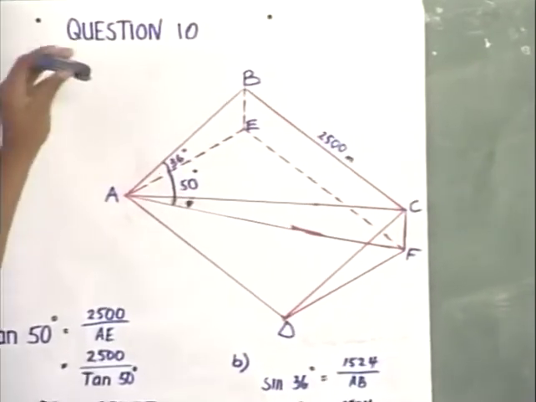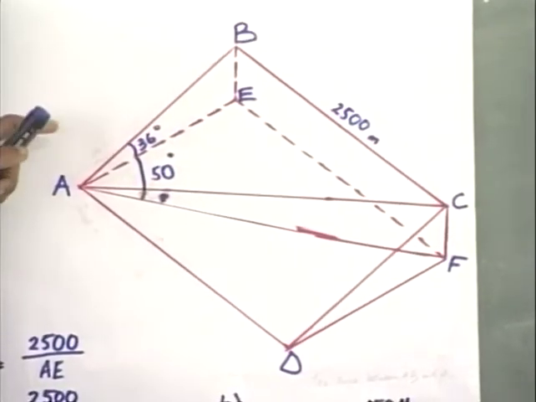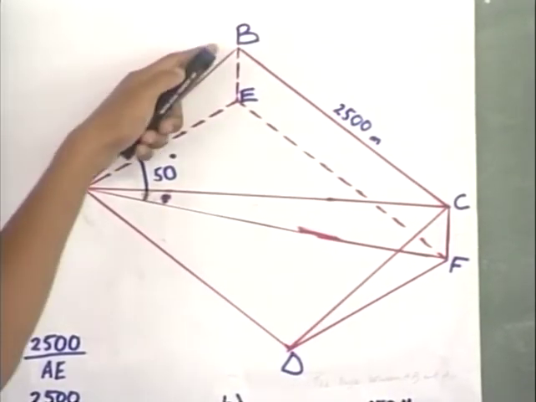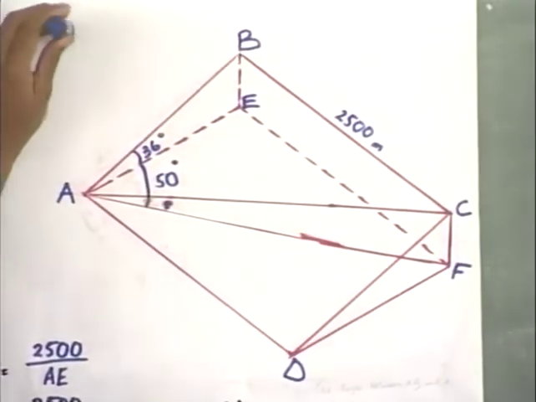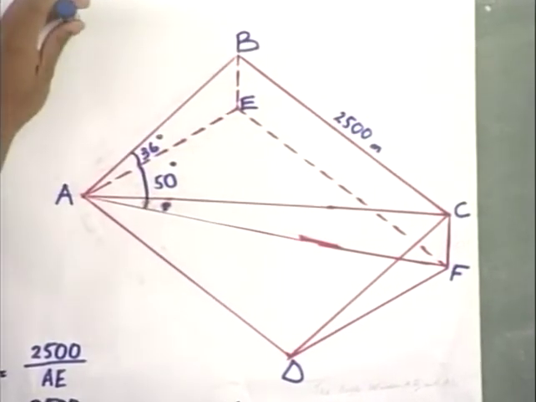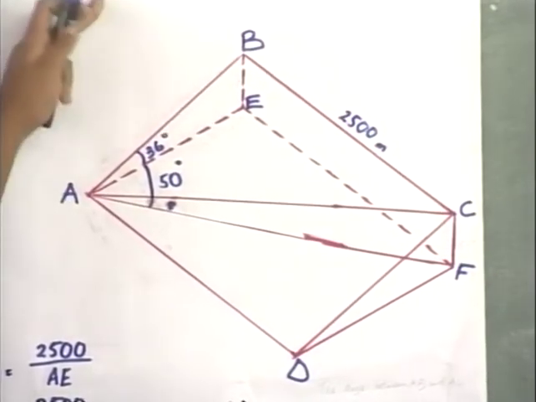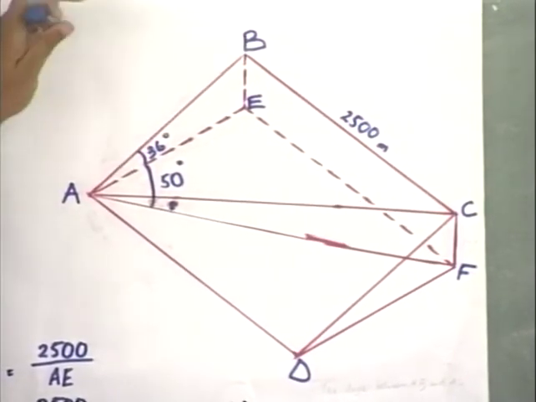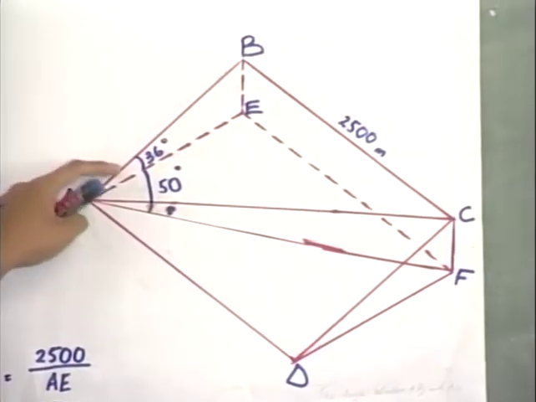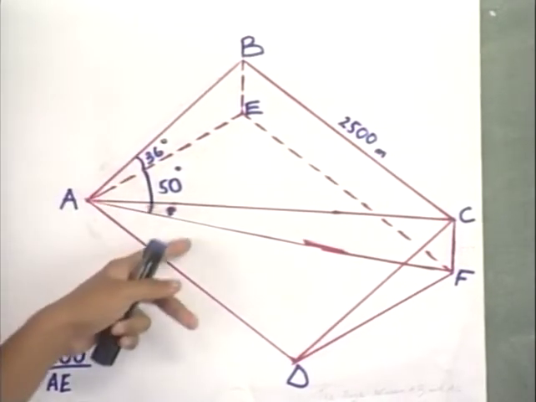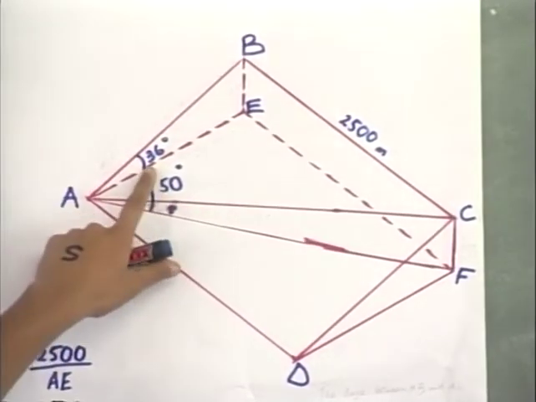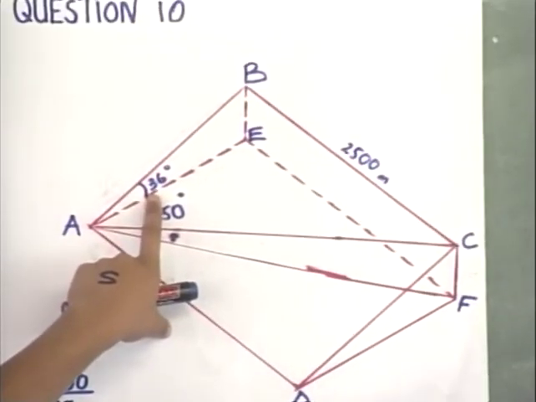If I place the marker here, then this line AB would be here, B would be here, and this line would run north to that. So it would be this angle here to be 36 degrees, but because the diagram is drawn like that, the 36-degree angle is there.